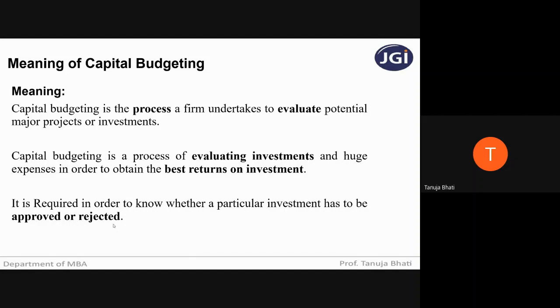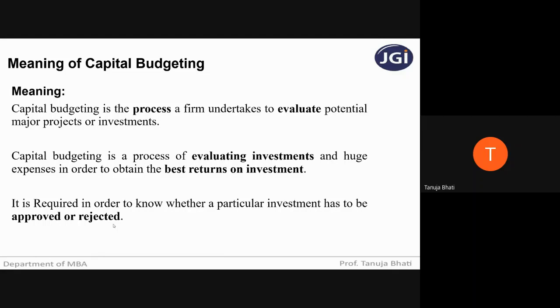Okay. So what happens is usually the organization or the business unit wants to invest in the profitable projects, like whichever projects are going to give maximum profits. But many times the firm is facing the problem of shortage of capital, or finance is not that much that it can invest.